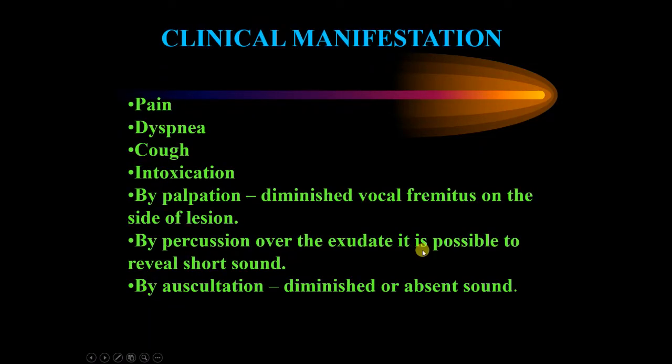Clinical manifestations are pain, dyspnea, cough, intoxication. By palpation, you can find diminished vocal fremitus on the side of the lesion. By percussion over the exudate, it is possible to elicit a short sound. By auscultation there will be diminished or absent sound.